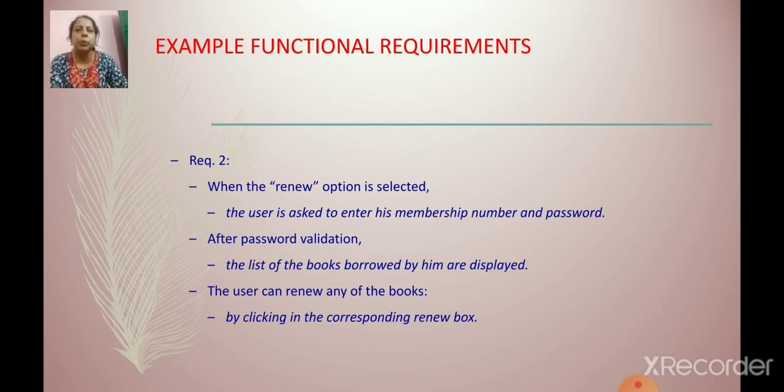To renew a book, the user selects the renew option and is prompted to enter the membership number and the password. The system will check the password and membership number. If they match, the system will display the list of books borrowed by the user. Then the user can select any book to renew.